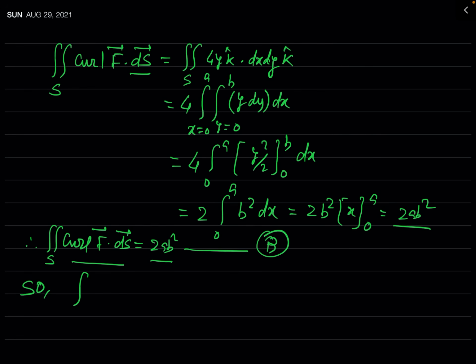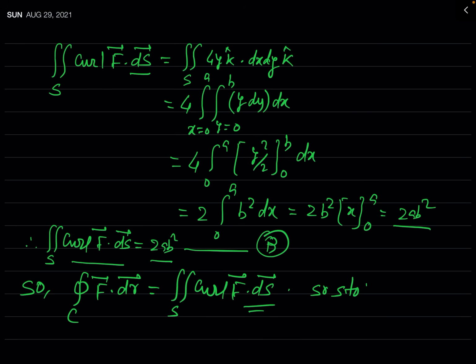So from equations a and b, you can easily say that the integral along c of f dot dr is equal to the integral over S of curl of f dot ds, and this is simply Stokes theorem. So you can say the Stokes theorem is verified.